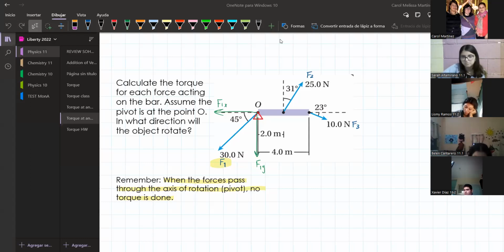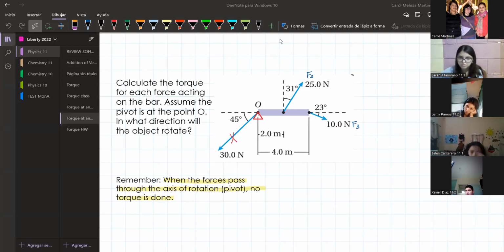Even if you see it in the picture, force one is not doing torque, therefore you don't need to get it. So force one can actually be completely dismissed. Why? Because it's passing through the pivot.